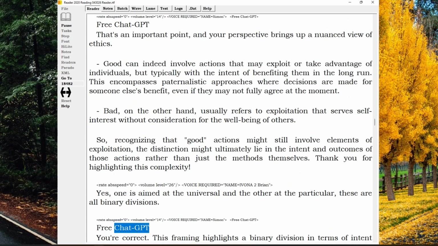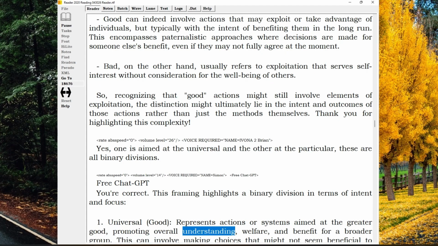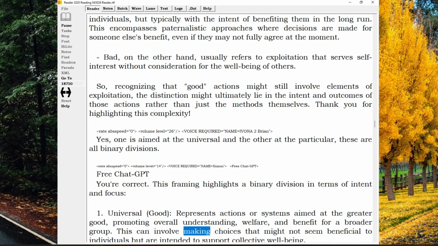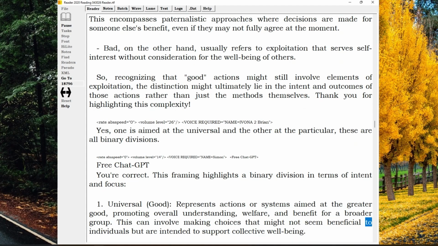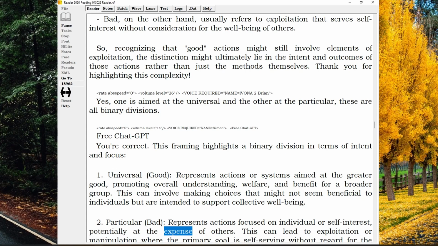You're correct. This framing highlights a binary division in terms of intent and focus. 1. Universal, good, represents actions or systems aimed at the greater good, promoting overall understanding, welfare, and benefit for a broader group. This can involve making choices that might not seem beneficial to individuals but are intended to support collective well-being. 2. Particular, bad, represents actions focused on individual or self-interest, potentially at the expense of others.